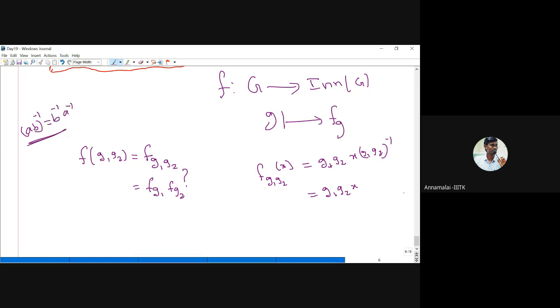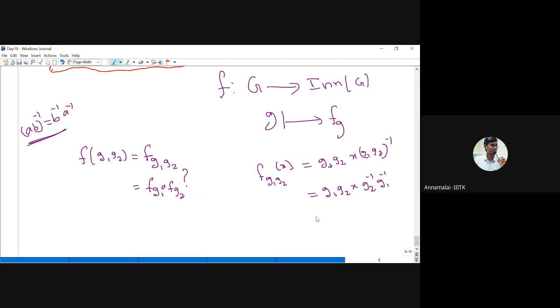Therefore we get g2 inverse g1 inverse. Actually we know that this is not a multiplication, this is actually composition, because between two functions the operation is composition.